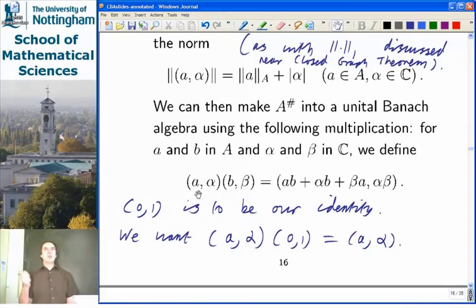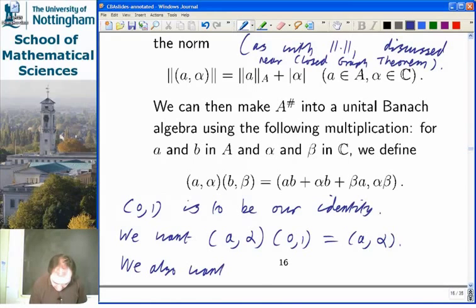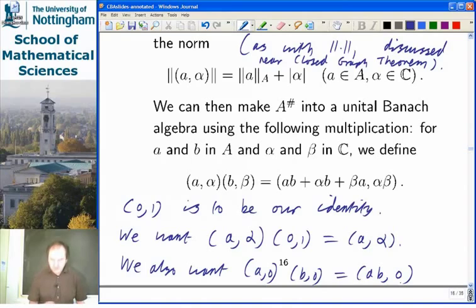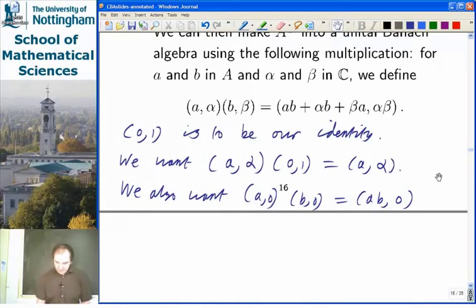We want the old thing to be a sort of subalgebra of this one. We also want (a,0) to be behaving a bit like a. So we want (a,0) times (b,0) to be equal to (ab,0). So you want a copy of the original algebra in there and something acting as the identity element. And once you ask for those, there's not much choice over what multiplication to use.